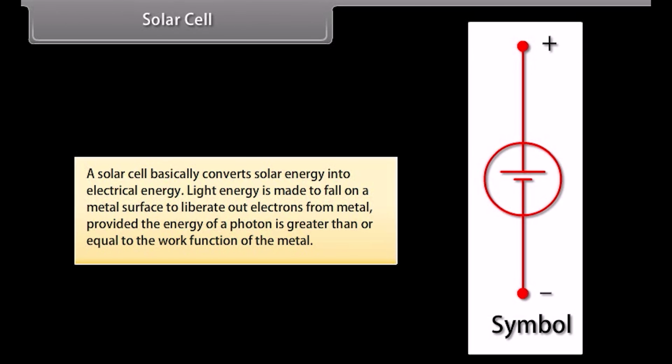Solar cell. A solar cell basically converts solar energy into electrical energy. Light energy is made to fall on a metal surface to liberate electrons from the metal, provided the energy of a photon is greater than or equal to the work function of the metal.